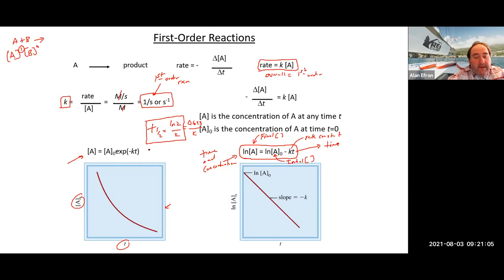And so forth. If we take this integrated rate law and rearrange it as such, the natural log of A is equal to minus KT plus the natural log of A naught.